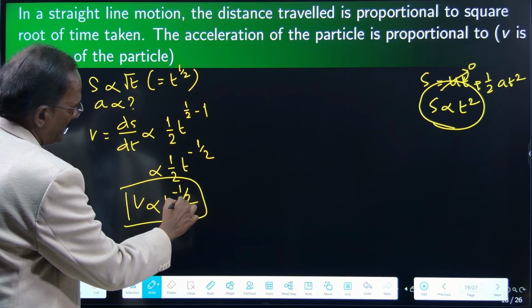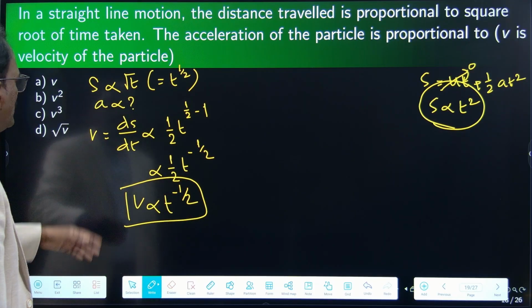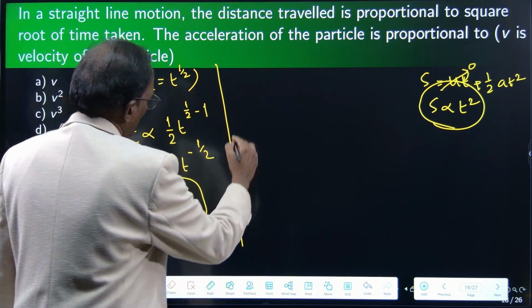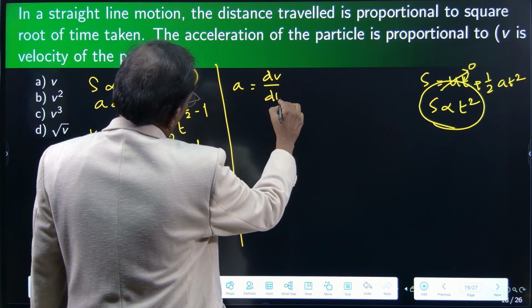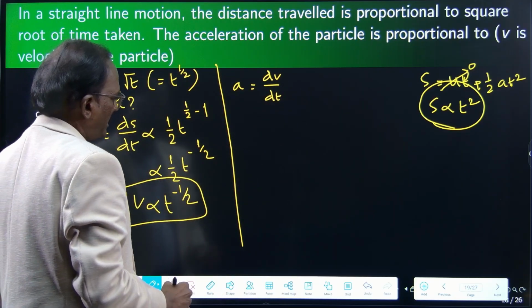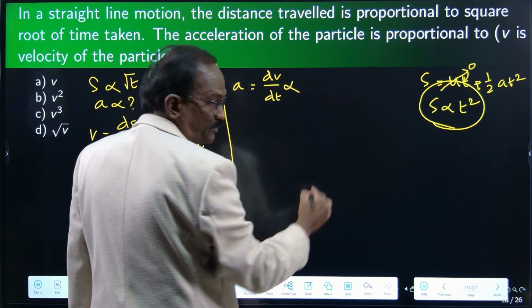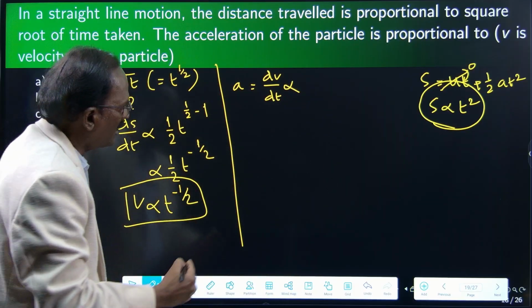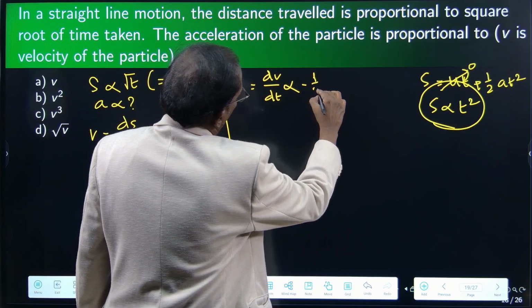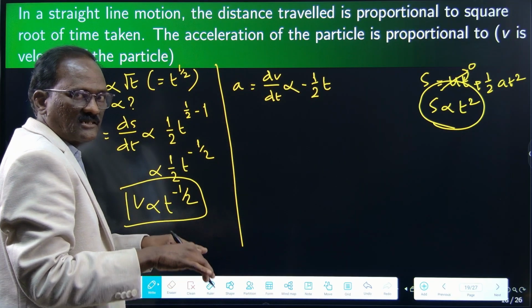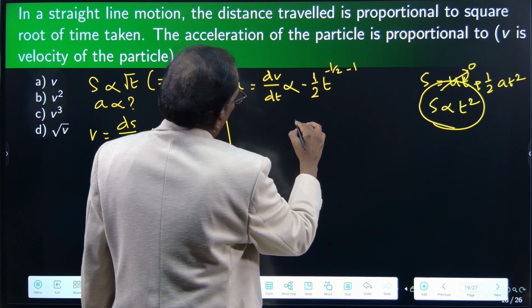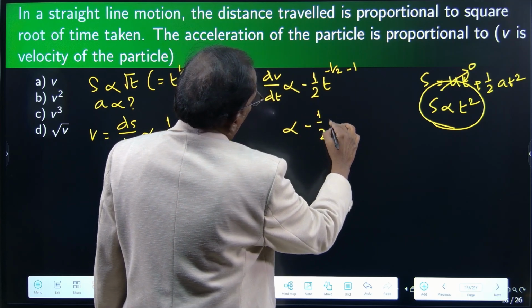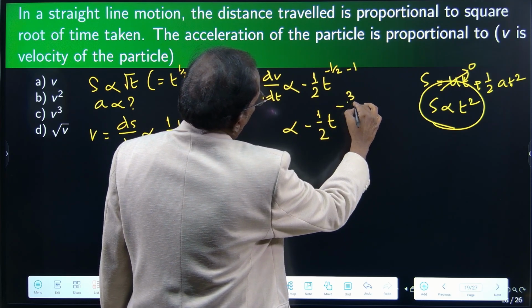Then A is proportional to what? A is equal to dV by dt. T power minus half, differentiated, is proportional to minus half t power minus half minus 1. Minus half minus 1 is minus 3 by 2.